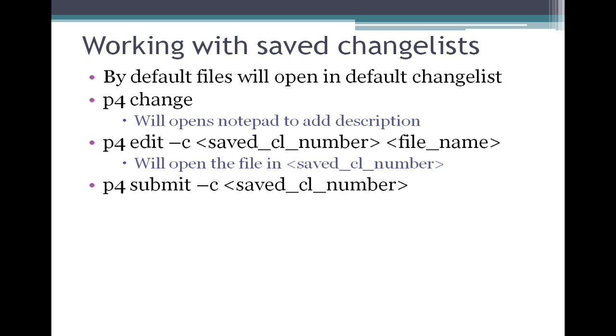When you open all the files in the default change list, they all show up there, but whenever you submit a fix for a particular bug, you need to manually select which files you want. Sometimes you may miss one or add an unnecessary file. To avoid that kind of situation, make use of saved change lists.